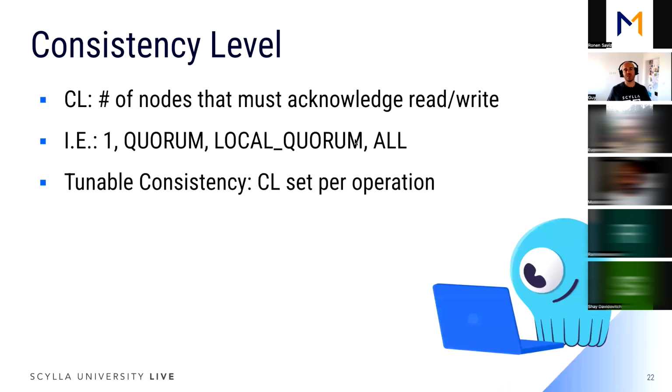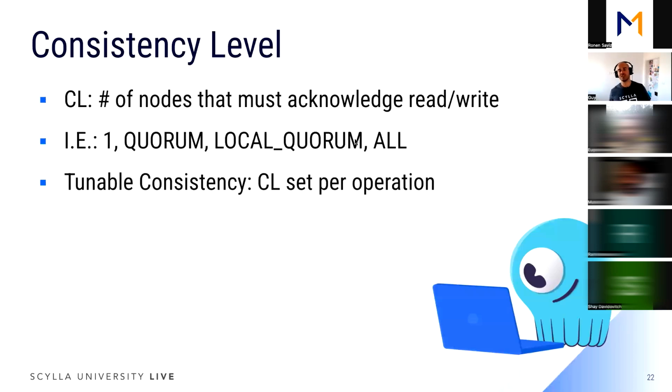Great, so I talked about the replication factor. Another super important concept is the consistency level, abbreviated as CL. If you remember, on one of the first slides, I talked about eventual consistency. In ScyllaDB, the consistency is tunable.